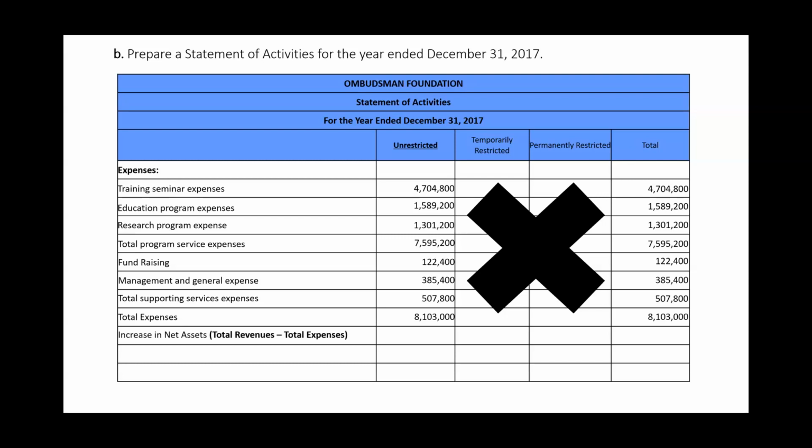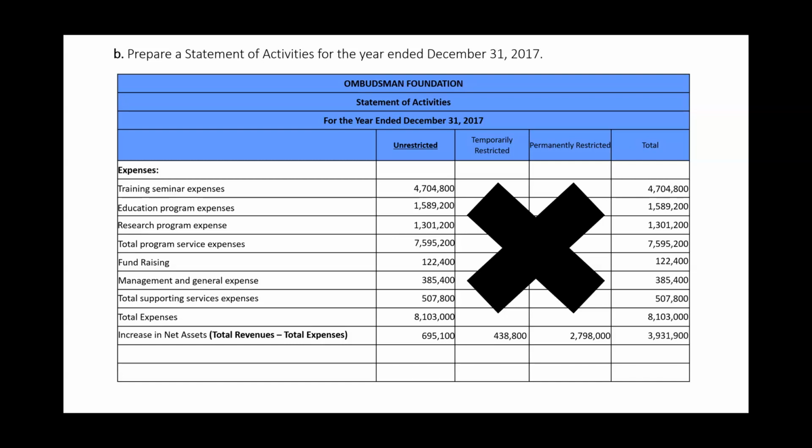So your total revenues minus total expenses, right? So you are going to fill out this total line for your temporarily restricted and permanently restricted because you had $438,800 of temporarily restricted revenue, but $0 in temporarily restricted expenses because all of your expenses are unrestricted, right?